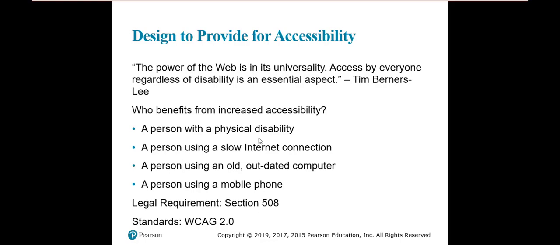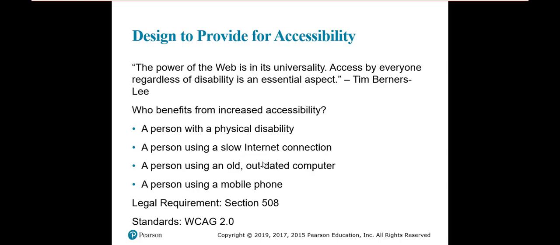So in that case, what kind of accessibility issues may you face and how are you going to give them the benefit? Maybe you might have a person in your audience with a physical disability, or a person with a slow internet connection living in an area where they do not have good connections.